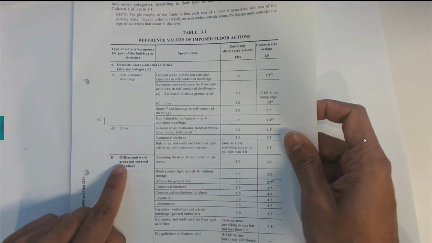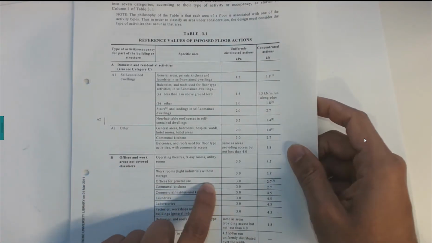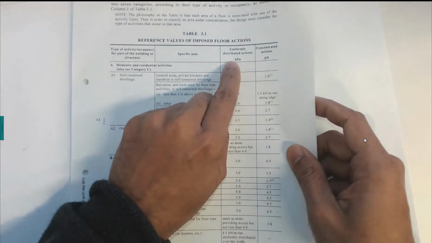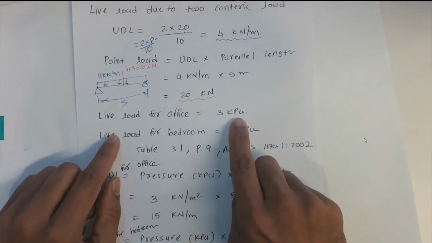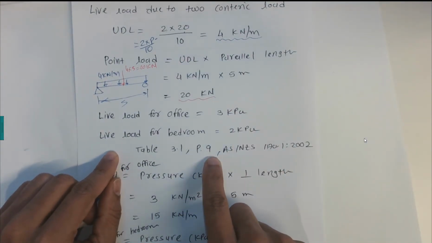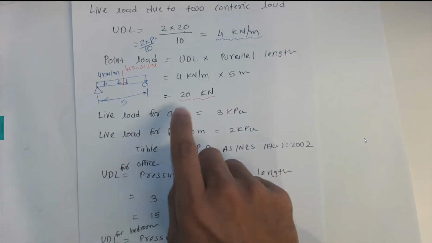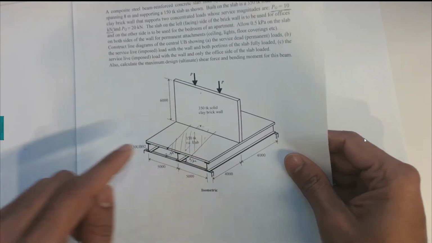In section B we have office, and we are going to use office for general purpose. It has a live load of 3 kilopascals, so that's what I am going to use. That is the live load applying like a pressure onto the office.